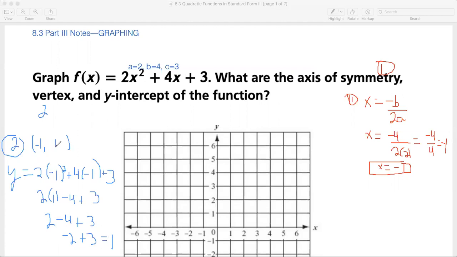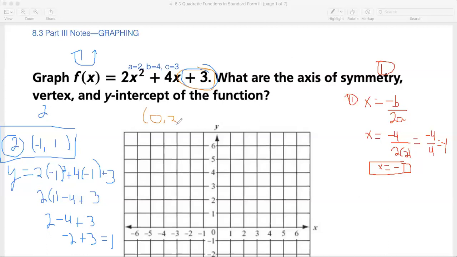So my vertex is at negative 1 comma 1. I'm going to look at my A value. It's positive, so I know that my graph is facing up. Now my y-intercept, remember, that's always your C value. I'll change colors and make it orange. So my y-intercept is going to be 0, 3.